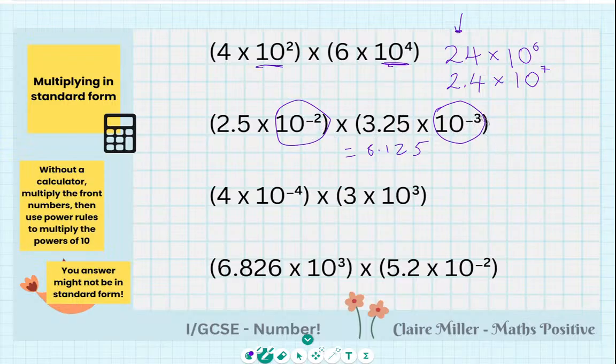Minus 2 plus minus 3, that's going to give me minus 5, right? I just realised this doesn't look very much like an 8. There we go. So it's going to be times 10 to the power of minus 5. Hopefully that makes sense. Be really careful when you're adding and subtracting powers. You've got to take the pluses and minuses carefully into account there.